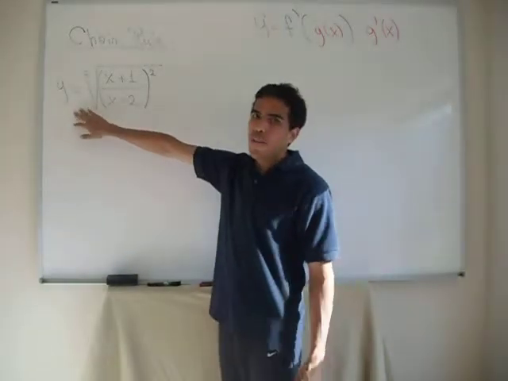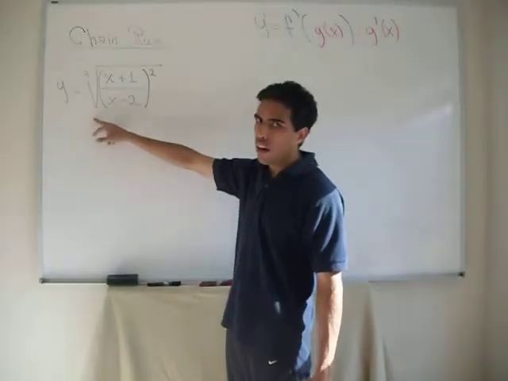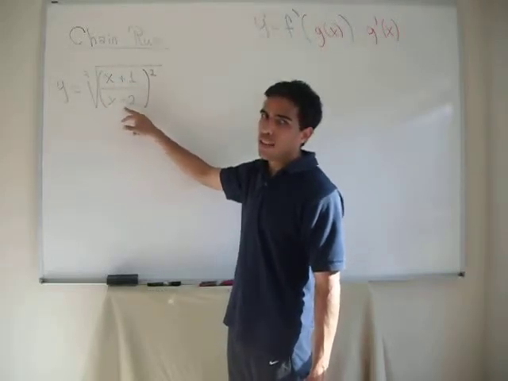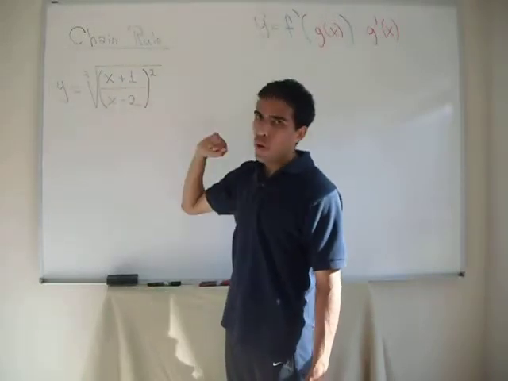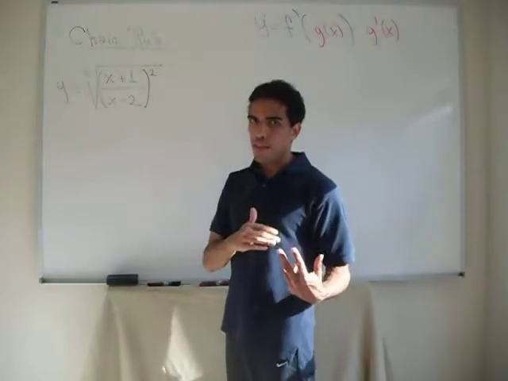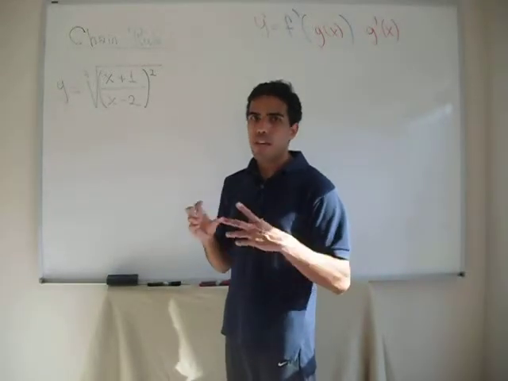So now we have the example y equals cubic root of (x plus 1 divided by x minus 2), all of this squared. And remember the example I told you in the past video where you have to convert radicals into exponents.